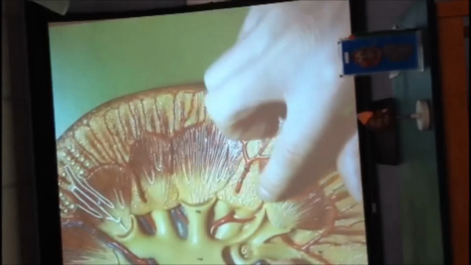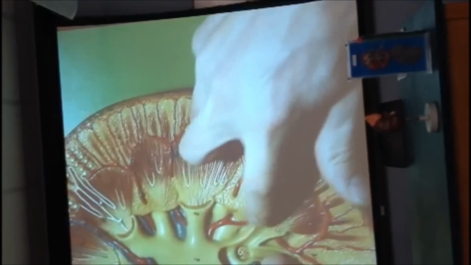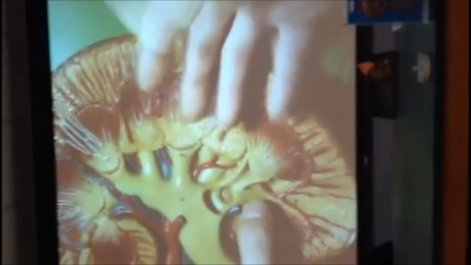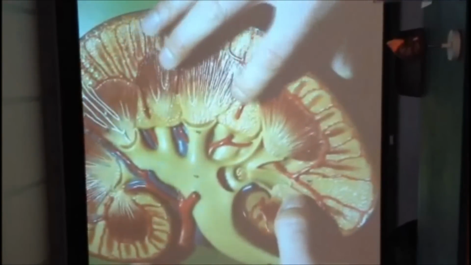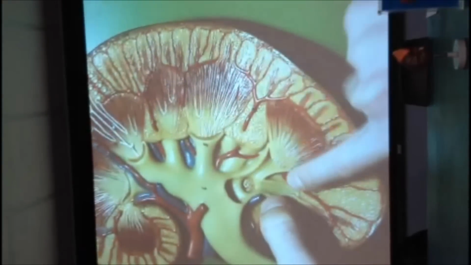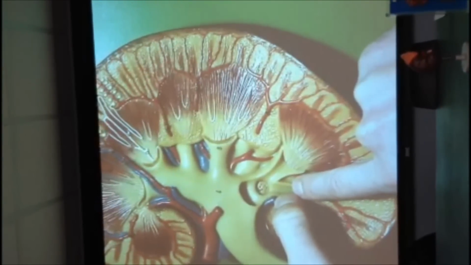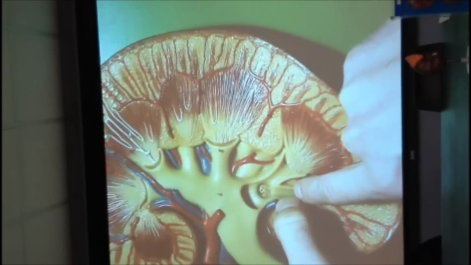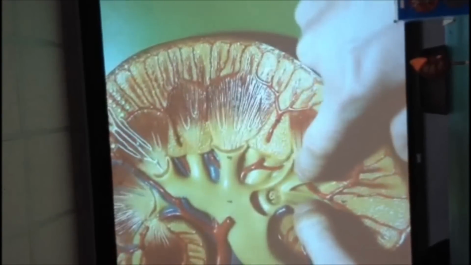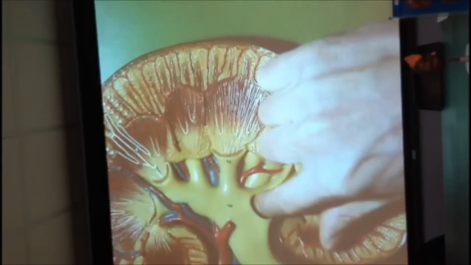The major calyx, seen here, and you have more than just one of them. There's only room enough to show you one on the model. The major calyx joins two minor calyces, technically the correct plural form. Minor calyces drain into this tubule right here.